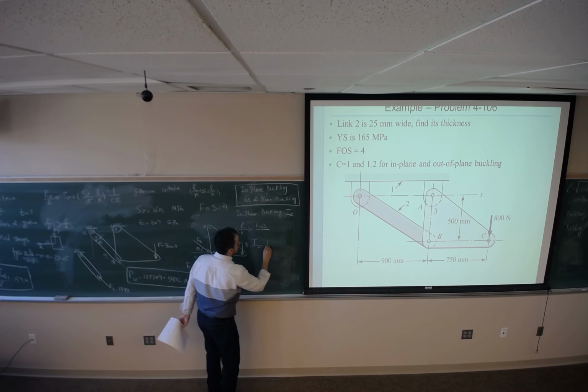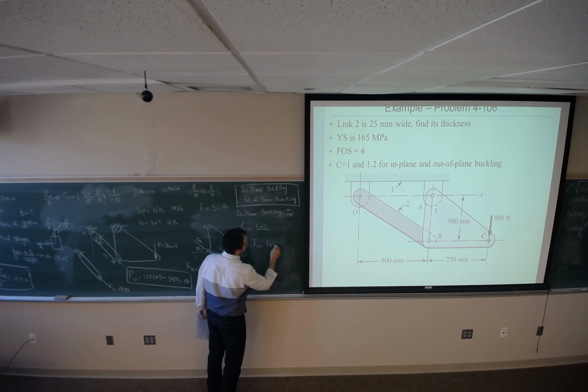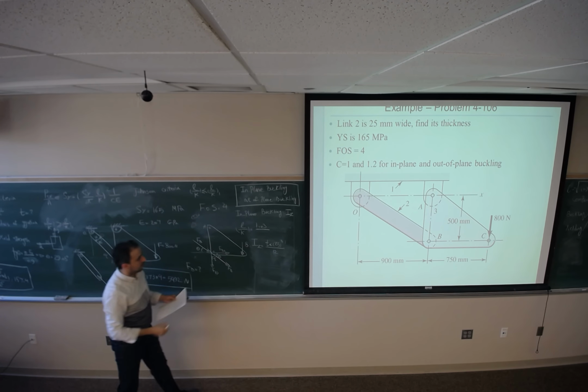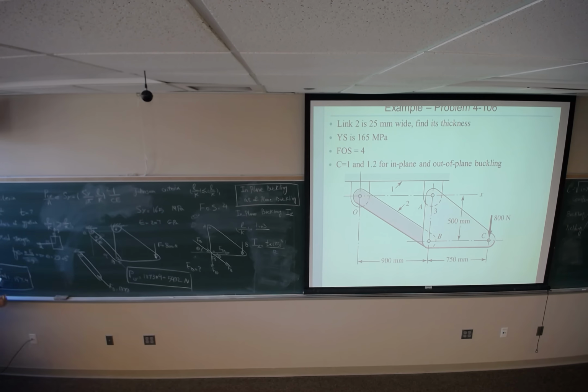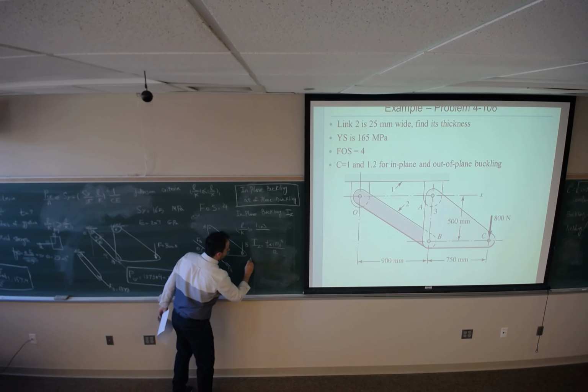T times 25, let me use millimeters, then I change it to meters, over 12. This is I. A is T times B.